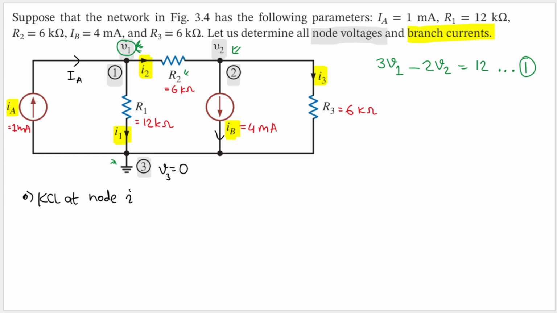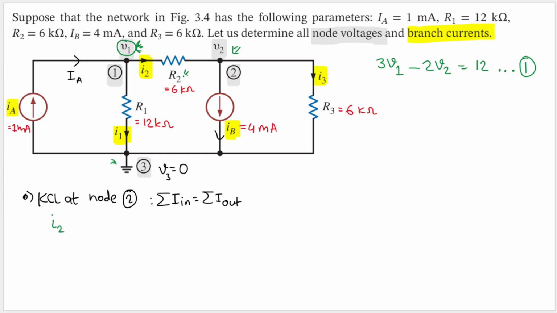Let's play the same game again. So KCL said that the sum of the current that goes in will equal to the sum of the currents that goes out, right? And let's see here, the current that goes into this node is only I2, right? So let's write that. So we will have I2 on the left hand side.